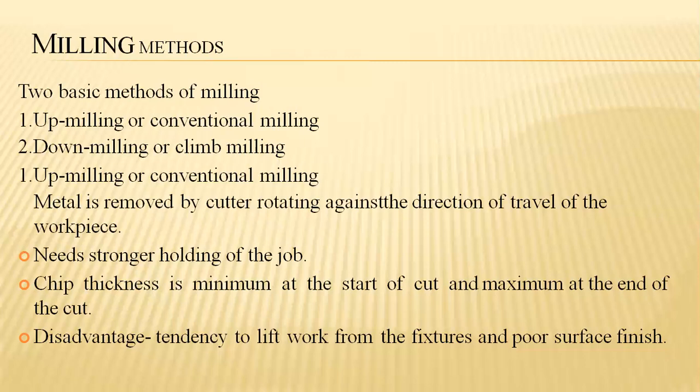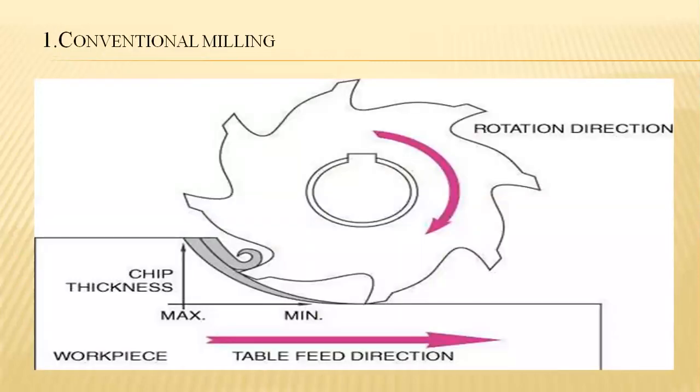Coming to one of the limitations, that is the tendency of lifting the work from the fixtures, which relates to poor surface finishing in the working process. There is a greater disadvantage that we could observe in this milling method.